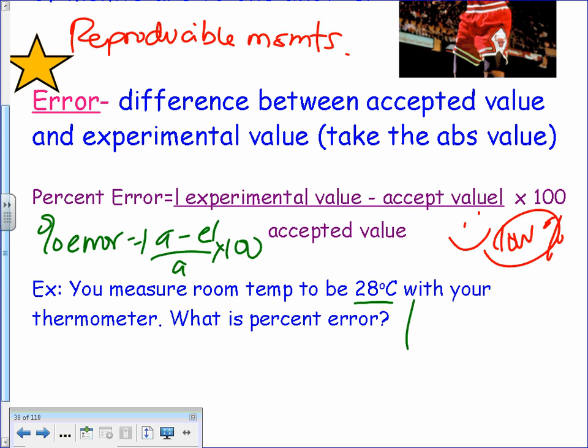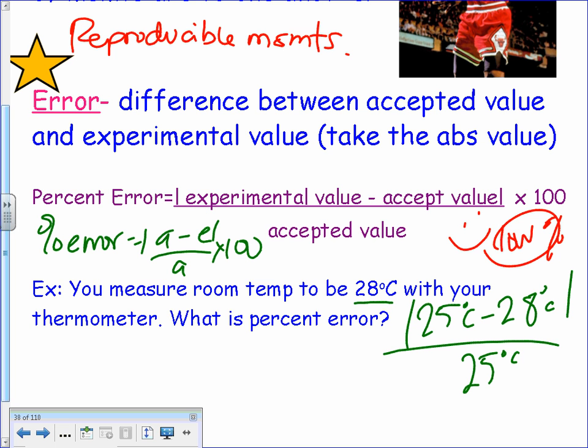Okay, so what is my accepted value of temperature for room temperature? Accepted, the true value. 25 minus your experimental value, which is 28, over what? Accepted, which is 25. So times 100.